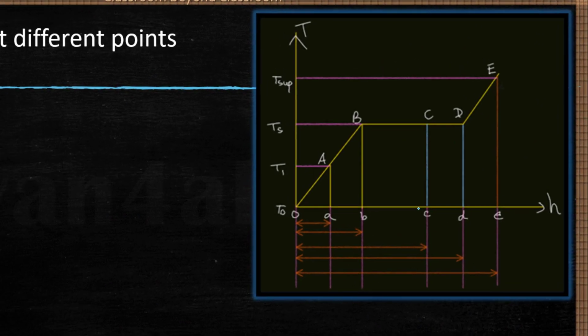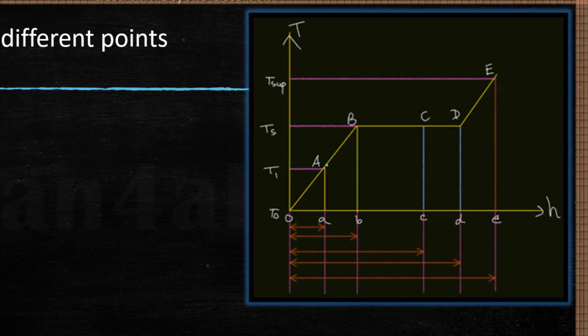You see, this is a point in between. Ts is the saturation temperature, but this is not the saturation temperature. So O to A is the total heat at point A, and this is definitely HF. At this point, this is HF plus something. And at this point, this is HF plus HFG.